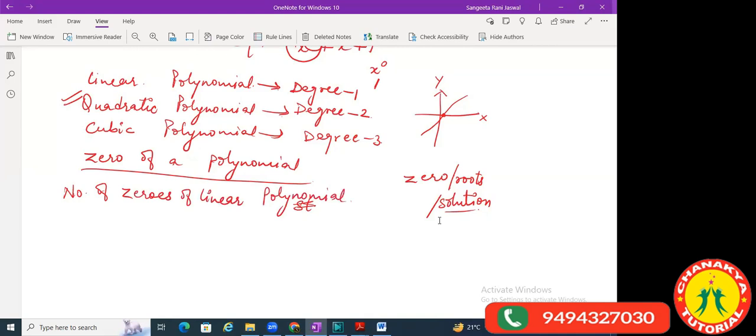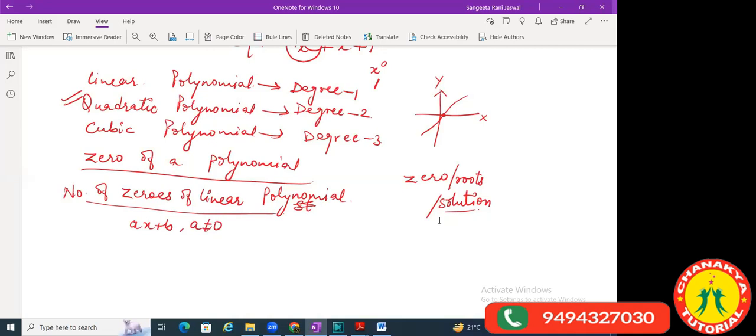So the number of zeros of the polynomial, this we are going to start first. Linear polynomial always has a straight line graph. Let's consider some linear equation, say ax plus b. A linear equation looks like this, ax plus b, in which the highest power is 1, where a is non-zero. a is not equal to 0.